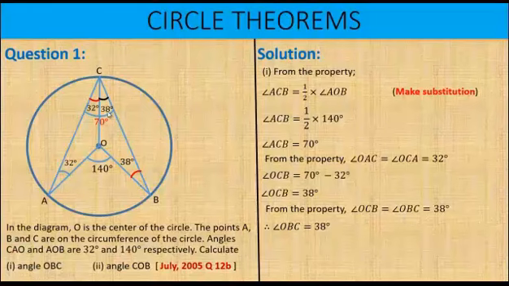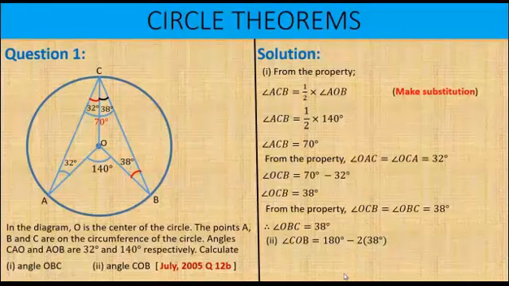Because the interior angles of a triangle sum up to 180 degrees, angle COB is equal to 180 degrees minus 2 times 38 degrees, where 2 multiplies 38 because 38 degrees appears twice.